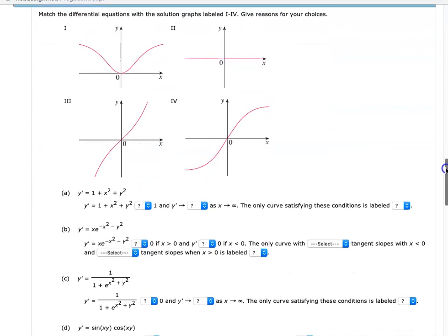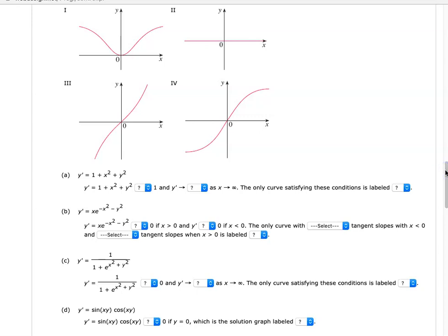It's a big matching problem. You have to match the differential equations with their graphs. It's actually not bad. So take a look at letter A. Before we do any matching, let me ask you a question. X squared plus y squared is always going to be what? Circle.